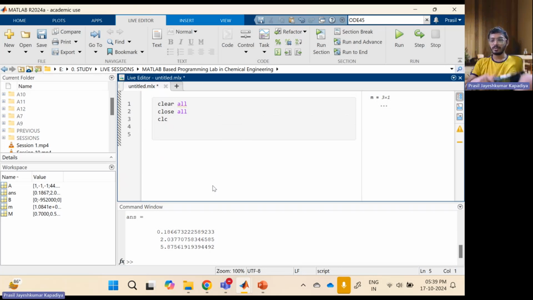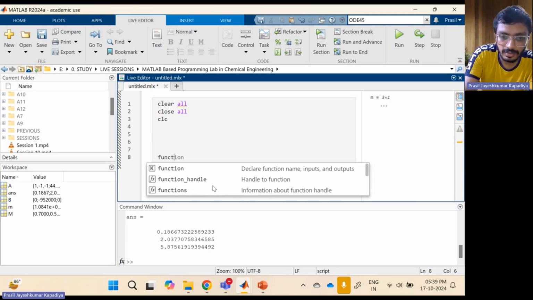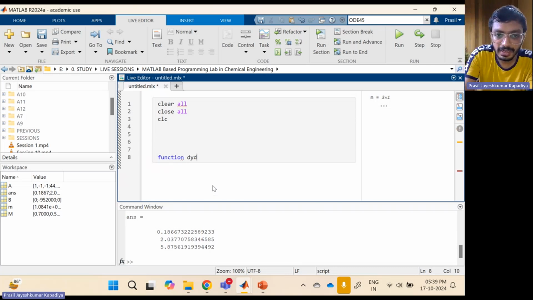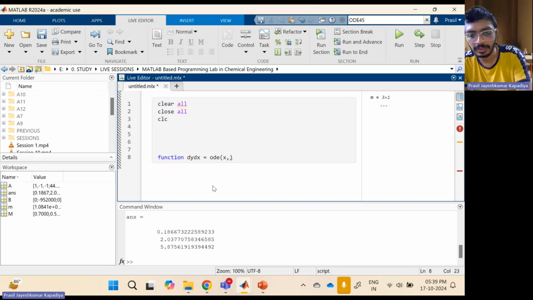So let's first write down the equation. How can I write it? Let's say I'm defining a function here. My function dy dx is equal to, what is the name of the function? Let's say the name of the function is ODE and it contains x comma y.